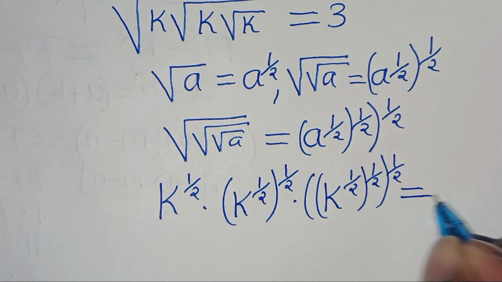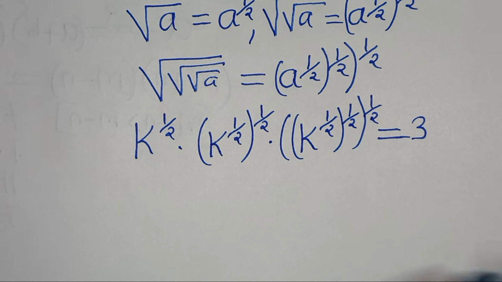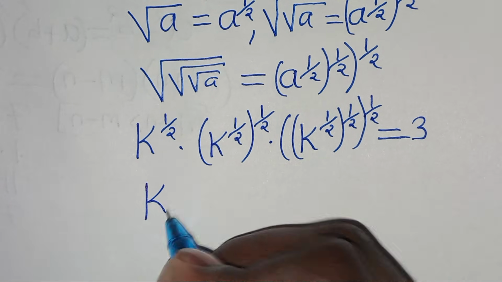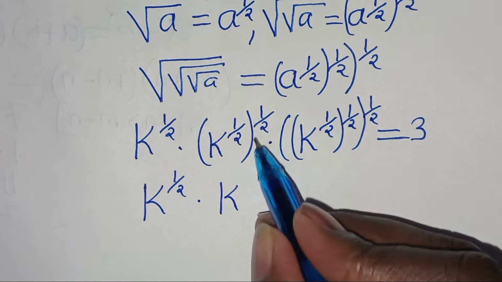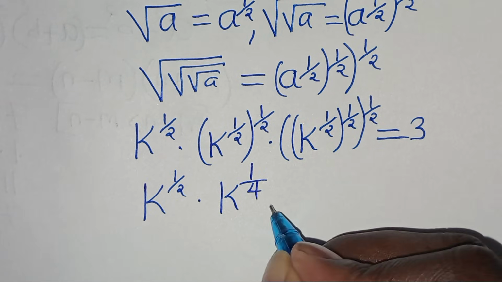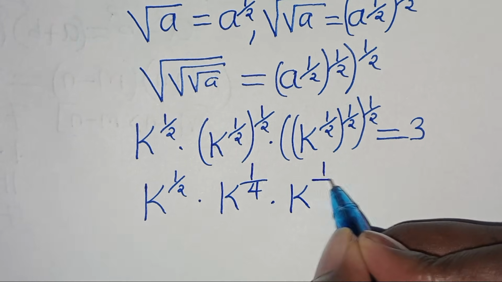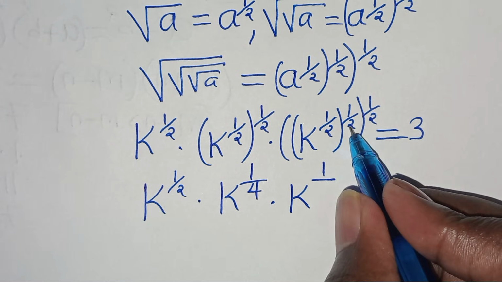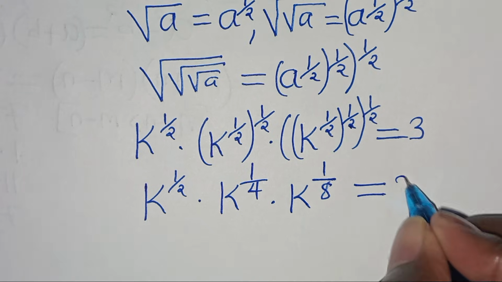This is equal to 3. So we have k raised to the power of a half times k raised to the power of a half times a half, this is 1 over 4, times k raised to the power of 1 over 2 times 2 times 2, this is 8. And this is equal to 3.